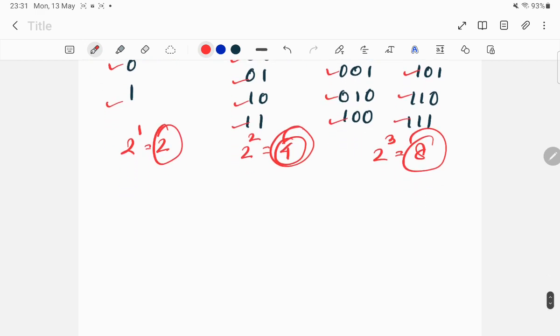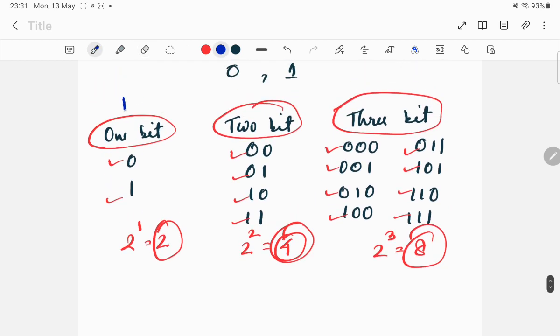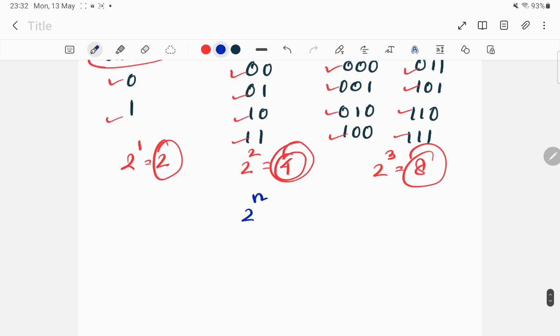So if I want to generalize it, here it is 1 bit, here it is 2 bit, here it is 3 bit. The number of options available is equal to how much? 2 to power n.